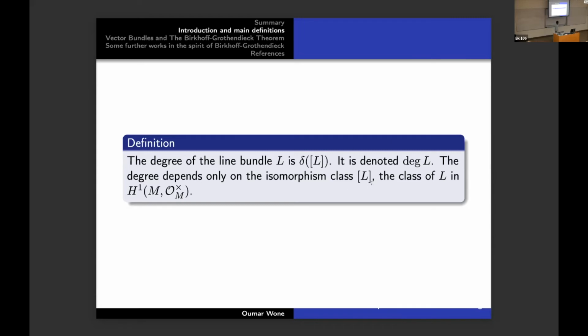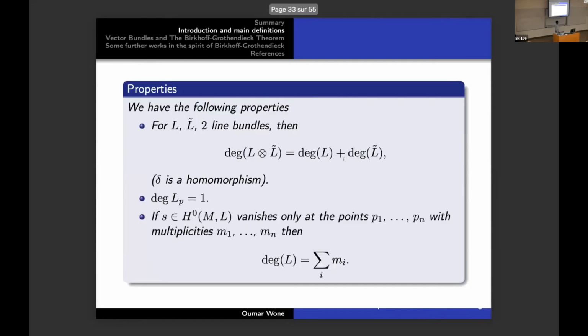And by definition, the degree depends only on the isomorphism class of the line bundle. So we have the following properties of the degree.